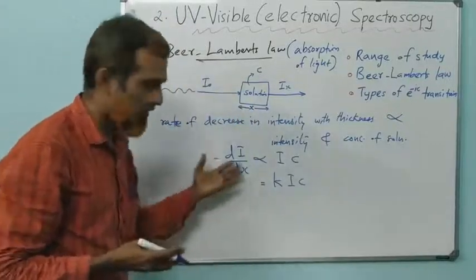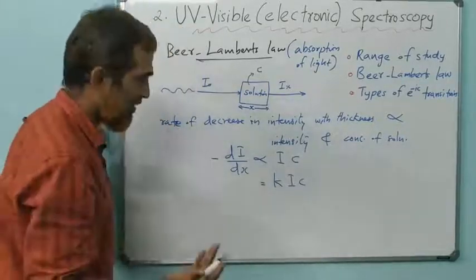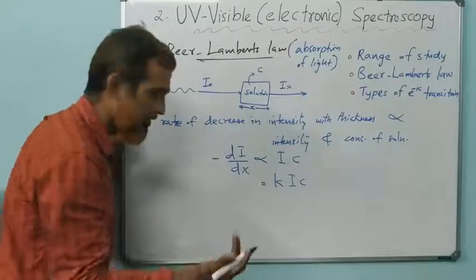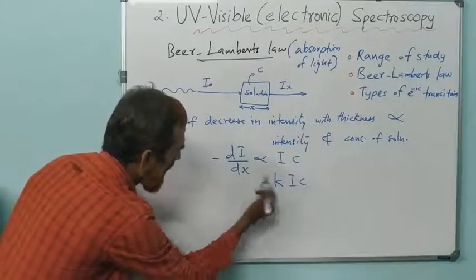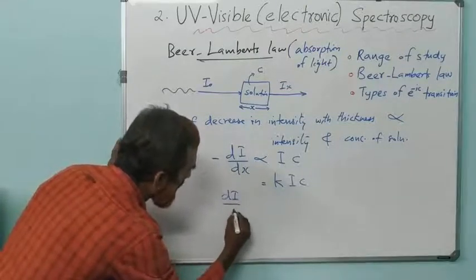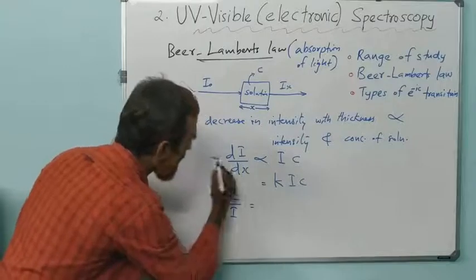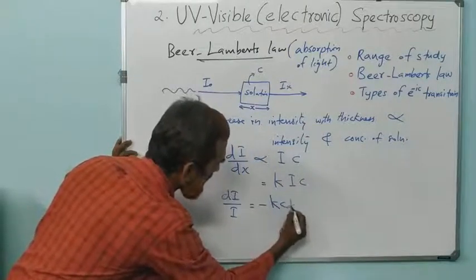Of course, this is a differential form. Better we will integrate and get a better solution equation, for which we make some rearrangements, like I is taken to this side, so dI by I is equal to minus k c dx.